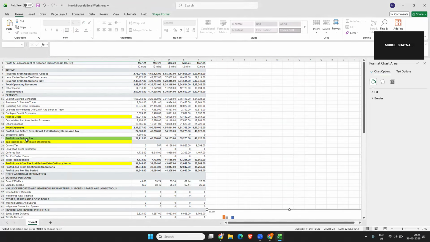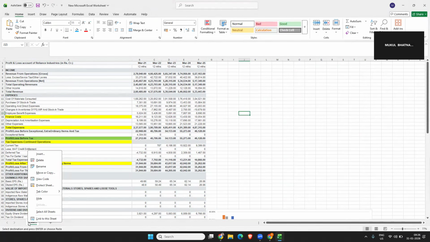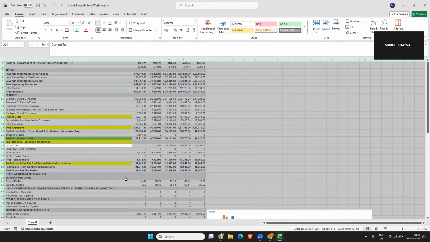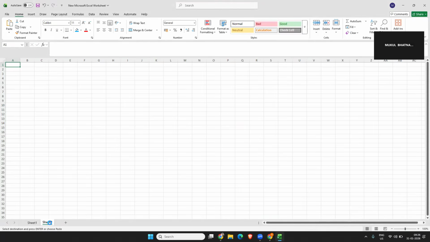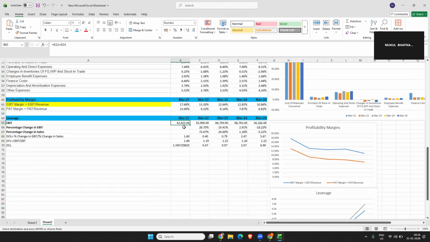the entire sheet. Yes, you can see I have copy and pasted the entire sheet.